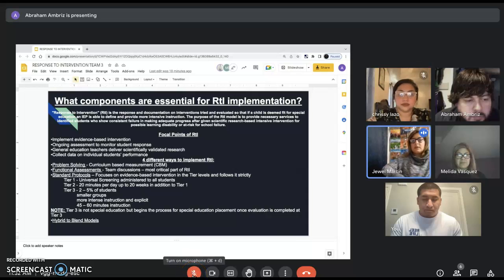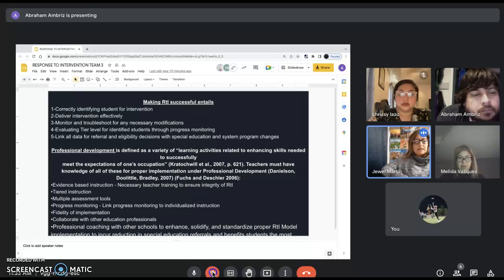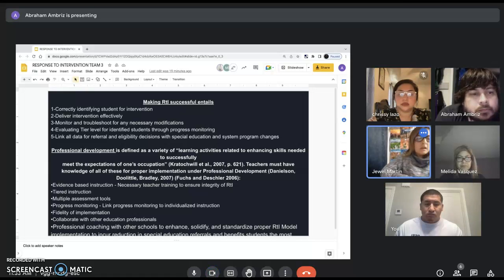And then there's hybrid, to blend models, because some schools actually have up to 8 tiers of evaluation before the child is placed. And there's also been research as to why the teachers are not meeting the needs, and it's the battle to implement as intended for the RTI.